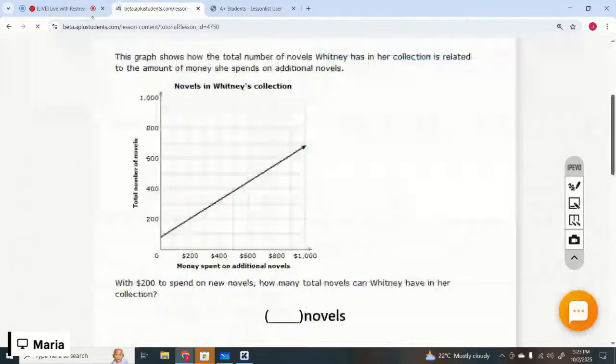The graph shows how the total number of novels Whitney has in her collection is related to the amount of money she spends on additional novels. With $200 spent on new novels, how many total novels can Whitney have in her collection?